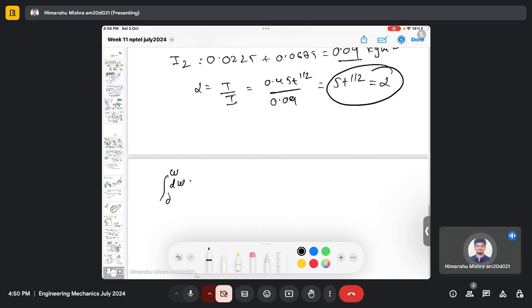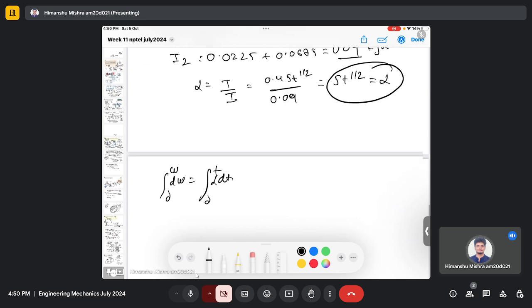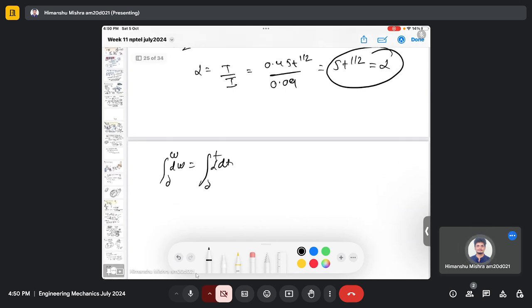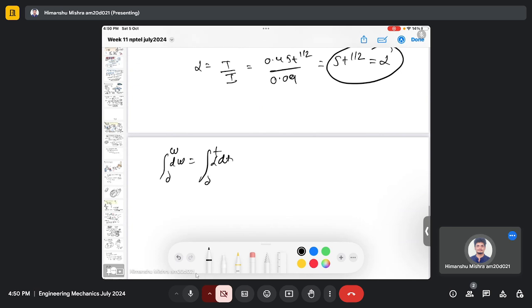So if I am integrating this expression, this is a kinematic equation. You can remember this equation from the previous tutorial. So it will be omega equals the integral of my alpha, 5 t to the power 1 by 2 dt.